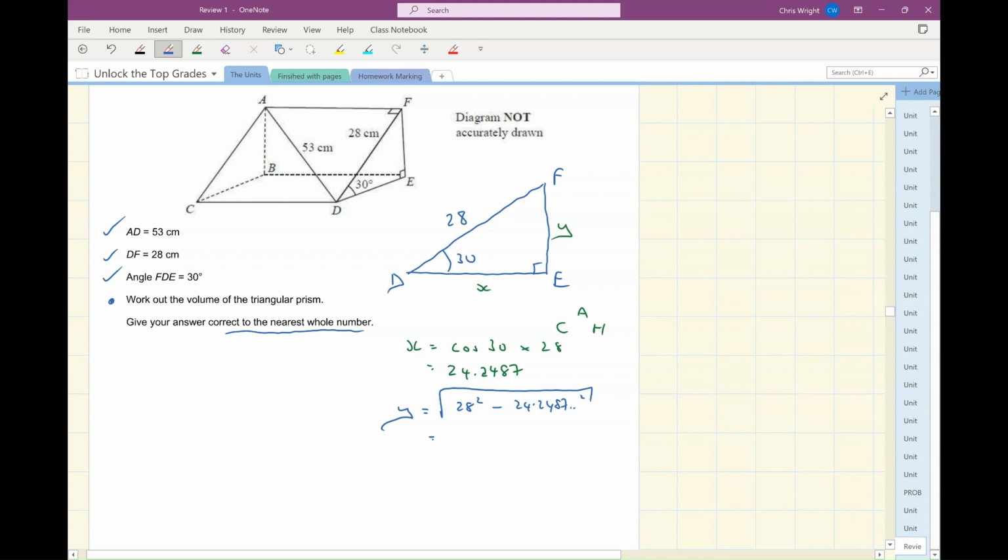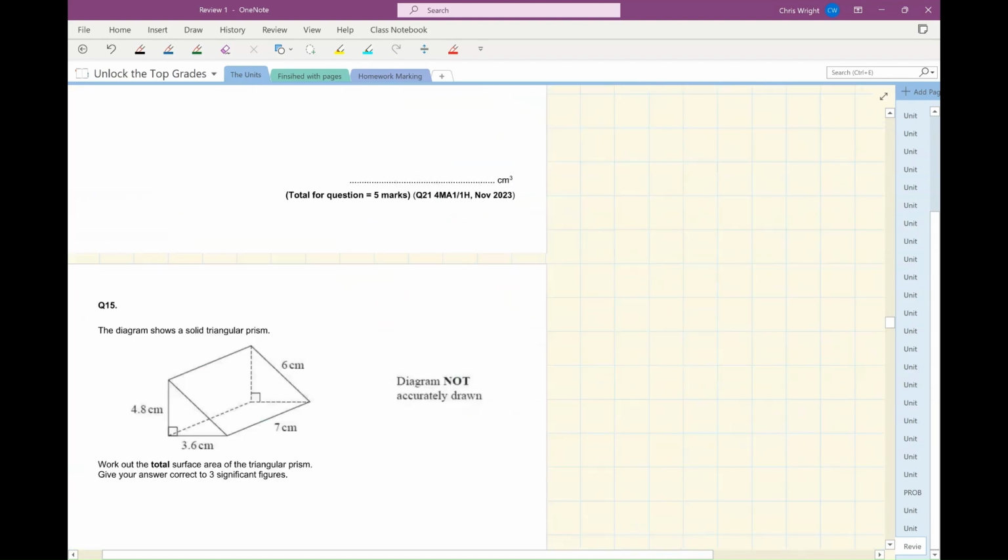Right, so I'm going to square x, which is 588. So it's going to be 28 squared minus 588, and that gives me the square root of 196. So y is 14.